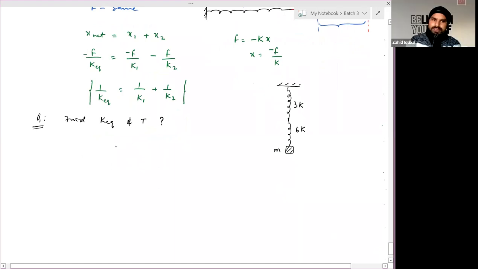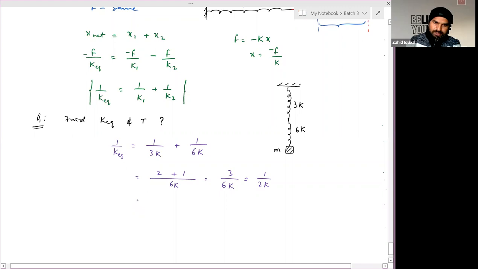Since the combination is series, according to the formula, we may write 1 by K equivalent equals 1 by K1, which is 3K, plus 1 by K2, which is 6K. Now take LCM as 6K. So it will be 2 plus 1, 3 by 6K, that will be 1 by 2K.